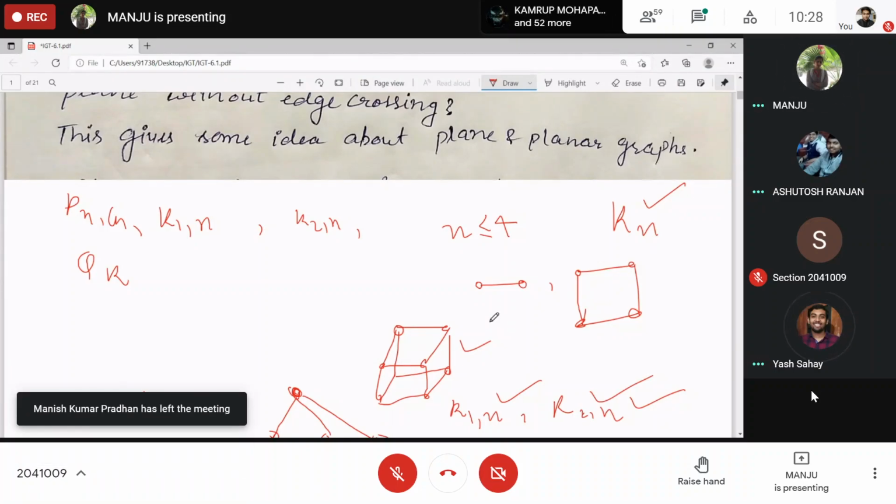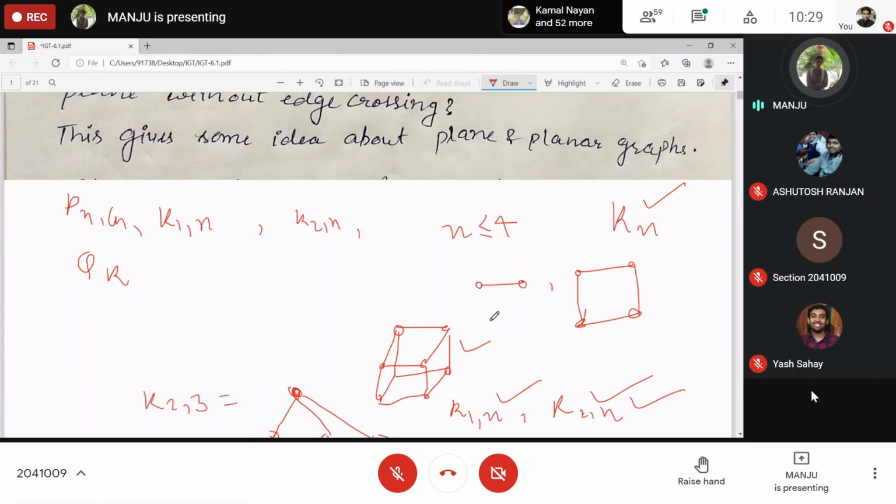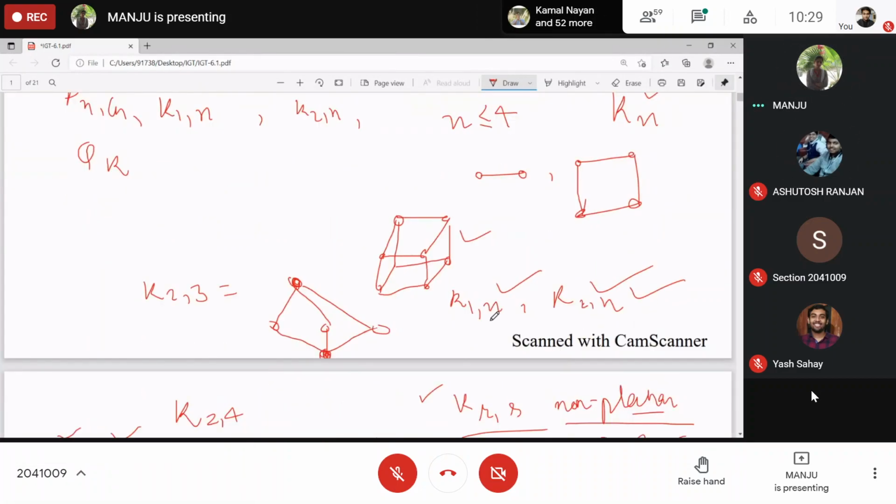No, ma'am. Can you redraw this such that no two edges cross each other?